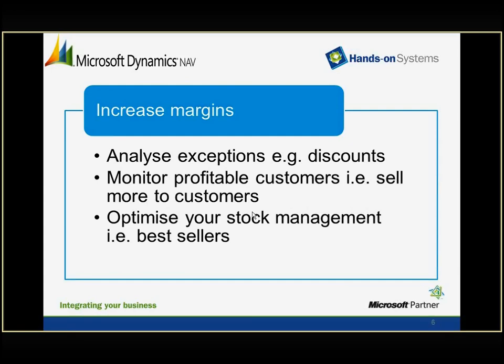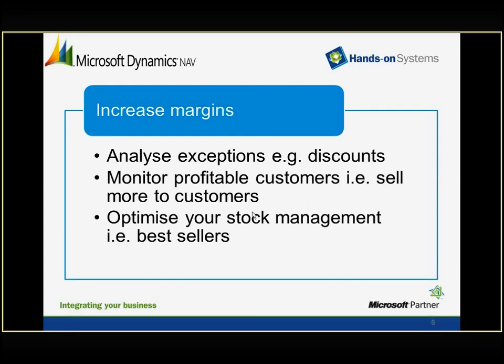Analyse the exceptions around discounts, around stock that's expired, all sorts of exception reporting, so that you can monitor these exceptions. And what that allows you to do is, if there are these exceptions, then you can focus on how that is occurring, how you can get rid of them in the future, or minimise the exceptions in the future, and therefore to focus more on increasing the margin within your business.